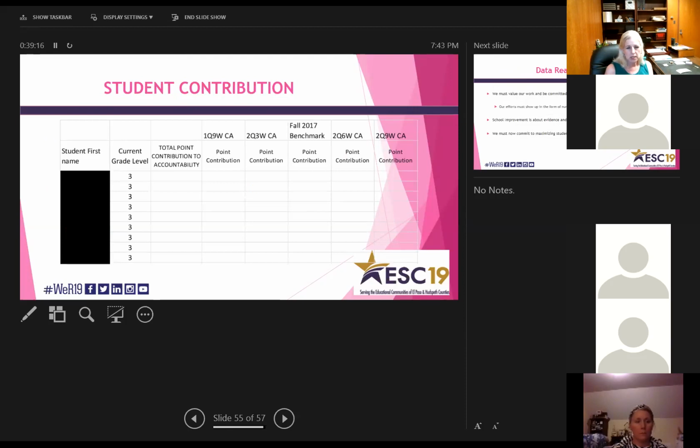Okay. So you can also, I'm not going to get into this very much because it's a little bit complicated, but basically it's the idea of how many points does each student contribute towards meeting the standard, okay? So for example, I'm trying to think the best example to use. I am a white female. I'm not special ed, I'm not GT, I'm not at risk.